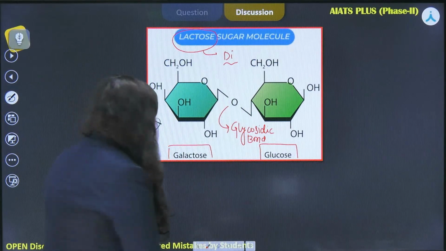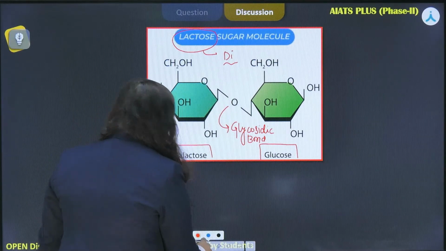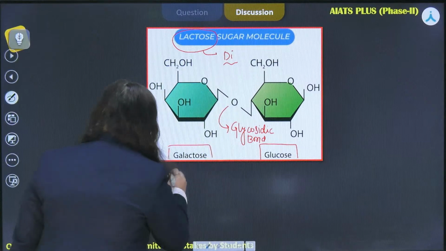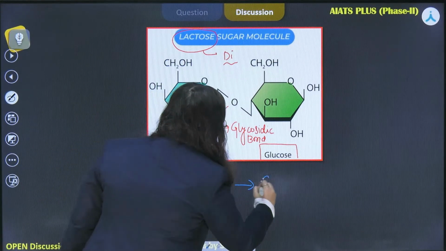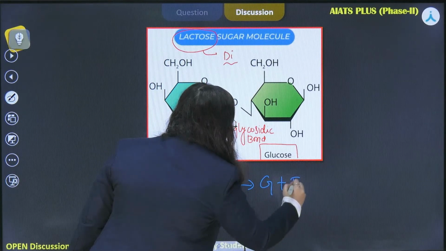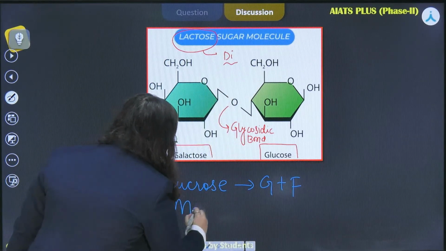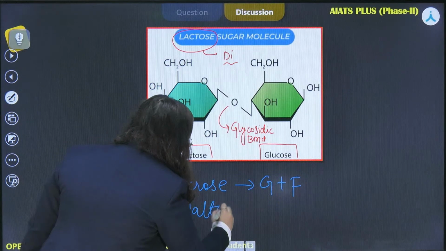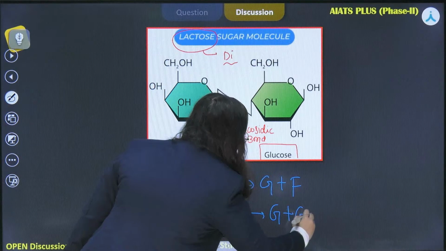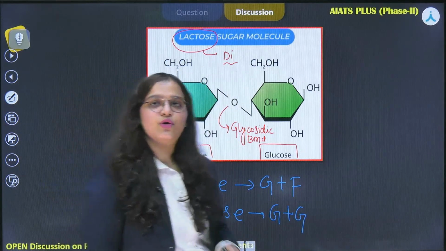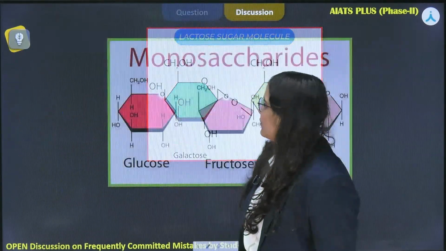All right. And the other examples that we discussed was sucrose. So sucrose is made up of glucose and fructose, whereas maltose is made up of glucose and glucose. All right. So now let us go back to our question to find out our right answer.